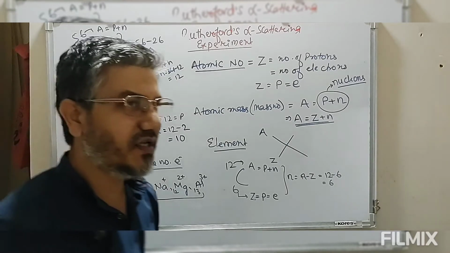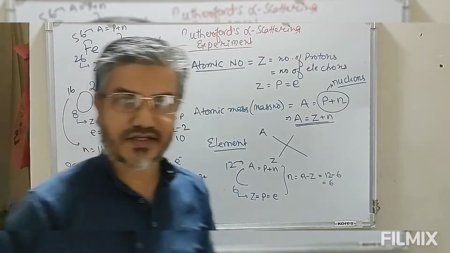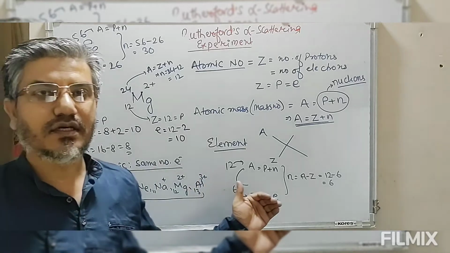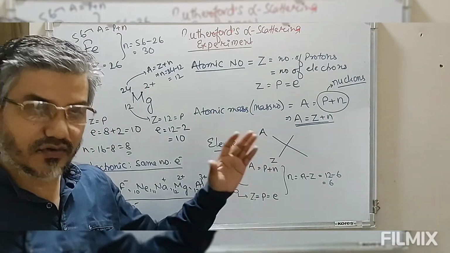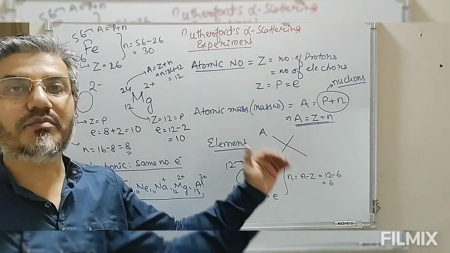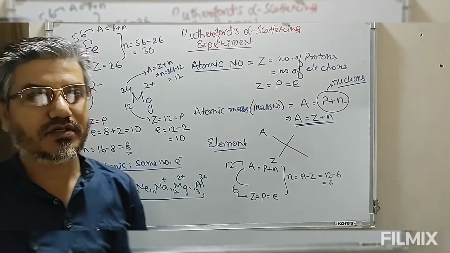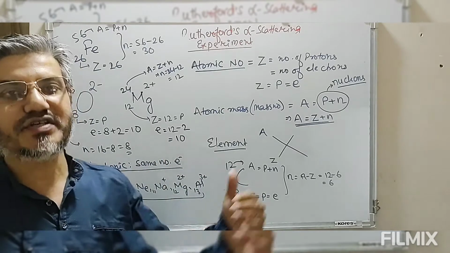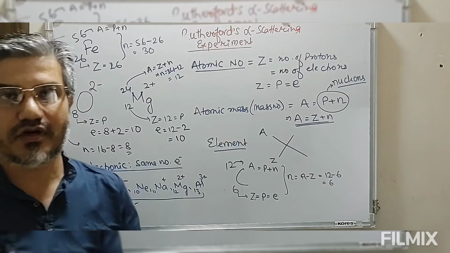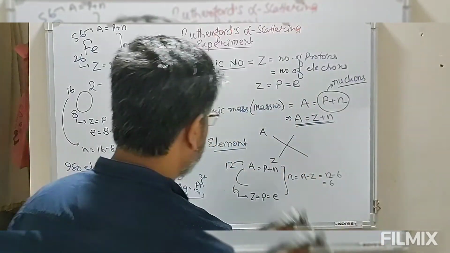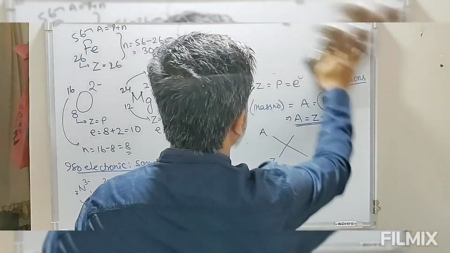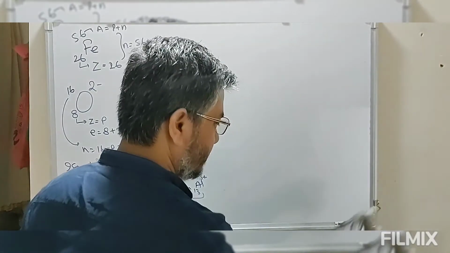Then we can also define isobars and isotopes. Isotopes are those having the same atomic number but different mass number. If the atomic number is the same, the number of protons will always be the same, but with the mass number being different, the number of neutrons will be different.